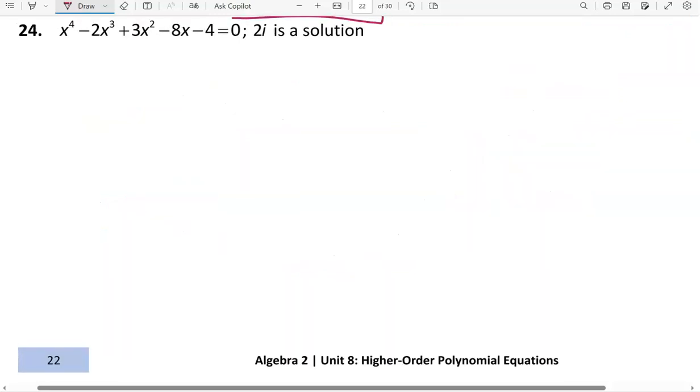For number 24, we have a total of 4 solutions for this 4th degree polynomial equation, and we have a given solution 2i. That means that negative 2i, the conjugate pair, is also a solution.